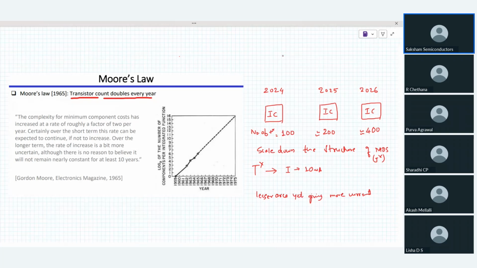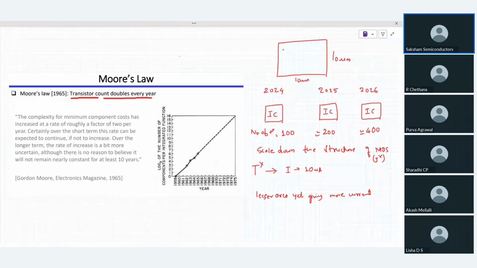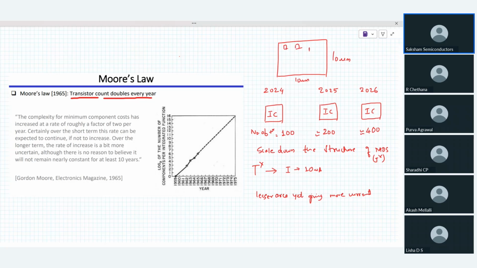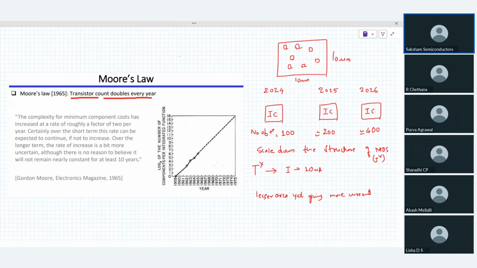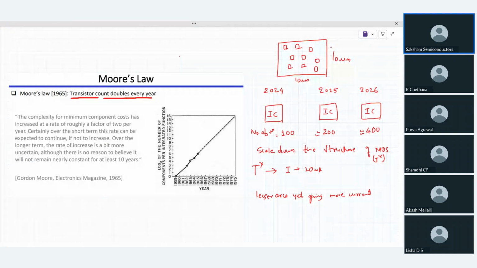That means if I have an area of 10 micrometer by 10 micrometer, wherein I can place, let's say, some 10 ICs to give some definite functionalities, then in the next or subsequent year, I will be able to utilize the same 10 micrometer by 10 micrometer die area and place even more ICs.